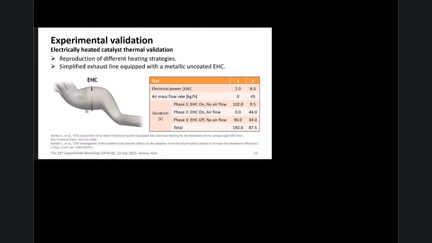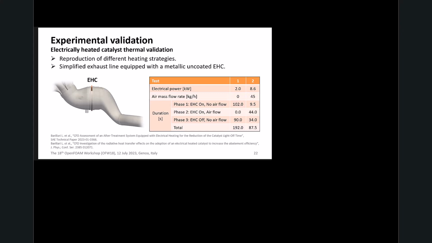Then, to validate the electrical model and also the radiative one, a test on a simplified exhaust line, equipped with a canned metallic electrically heated catalyst, is performed, reproducing different heating strategies, which are reported in the table.